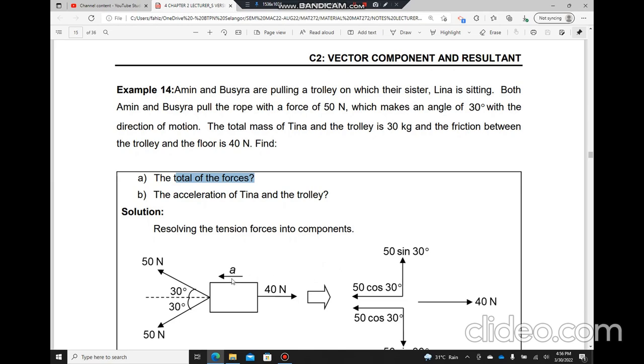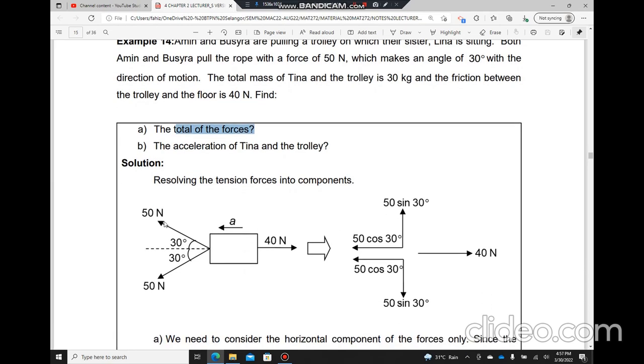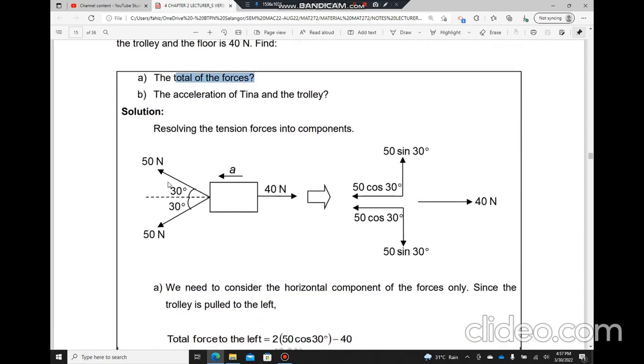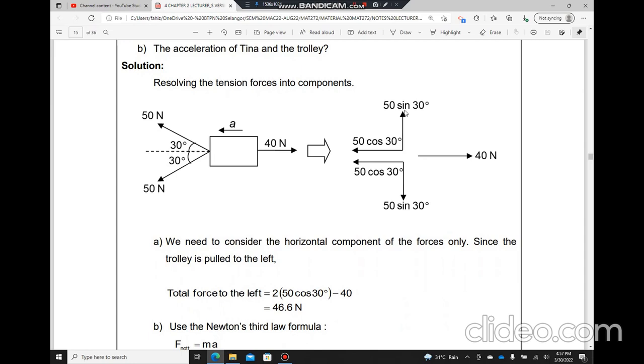And then dia ada kat sini acceleration, dia ada pecutan. Okay, so first untuk yang 50 Newton yang atas ni dia akan bahagi pada dua komponen, cos 30 and sin 30. And then also yang bawah ni pun cos 30 and sin 30. Then also sebelah kanan dia ada 40 Newton.